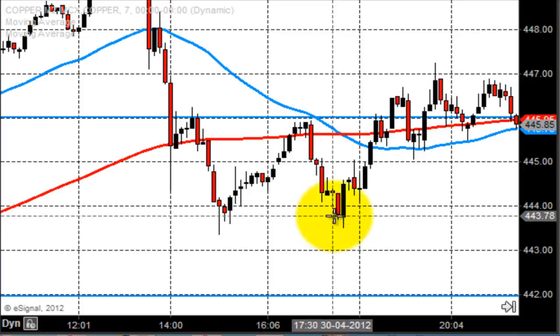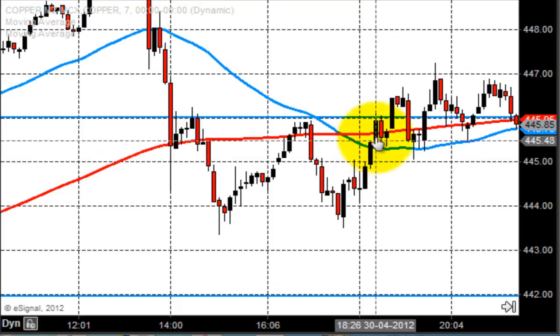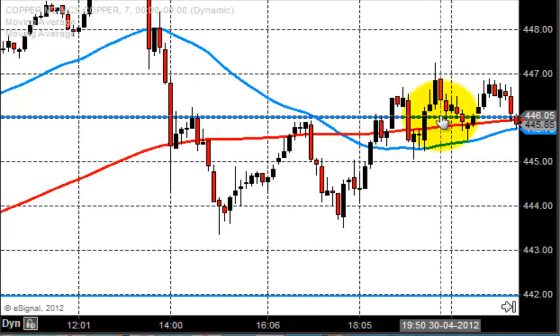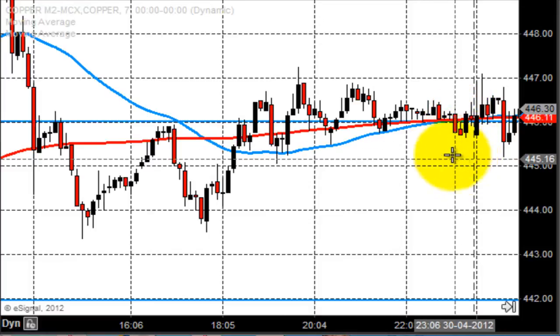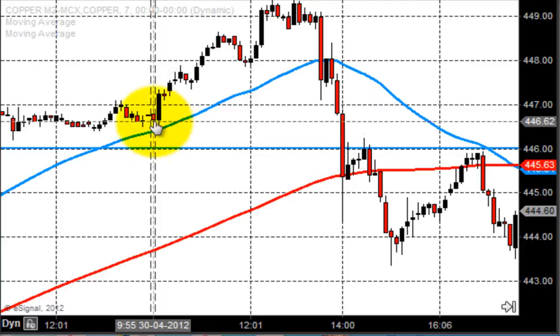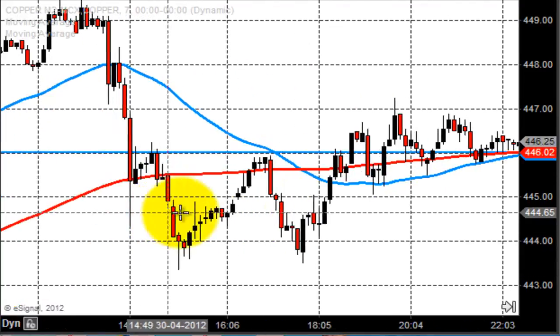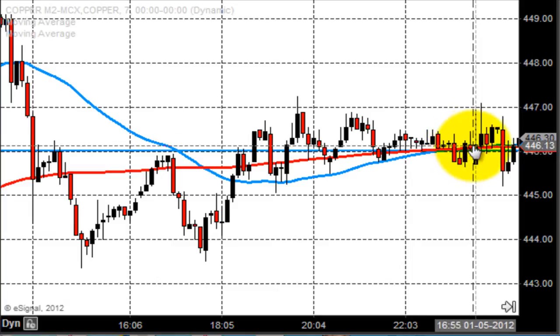This happened on Monday. It tried to stay above this resistance level in the later trading session and closed around 446, while the market opened around 446.5. So this is the area where the market closed.